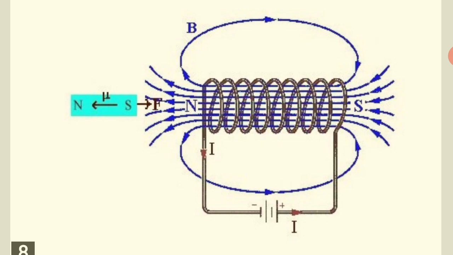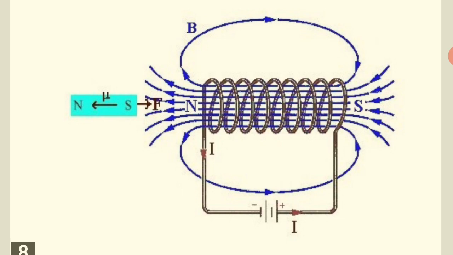The strength of the magnetic field is stronger at the poles, same as the bar magnet we have seen. You can see on the left hand side we have tried to show you a bar magnet also. You will see the magnetic field lines are traveling from one pole to another pole.